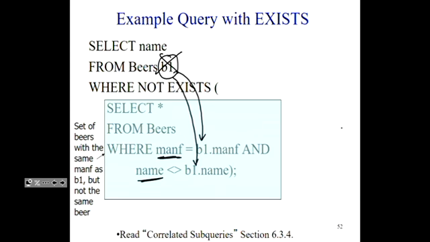So when you list manufacturer and name, they are associated with the closest scope, which is the closest from clause, not the from clause outside, even if you have not listed this B1. Okay? Is this clear? Any questions about this?